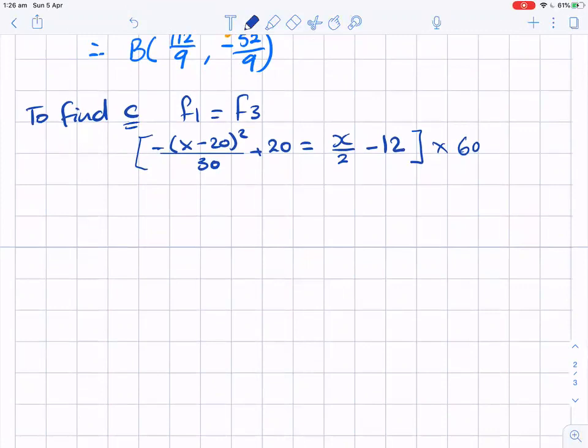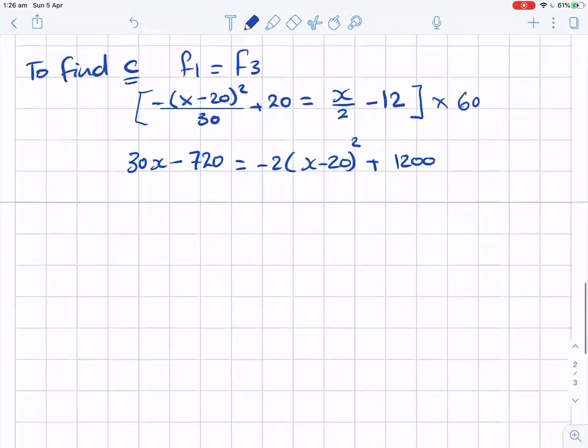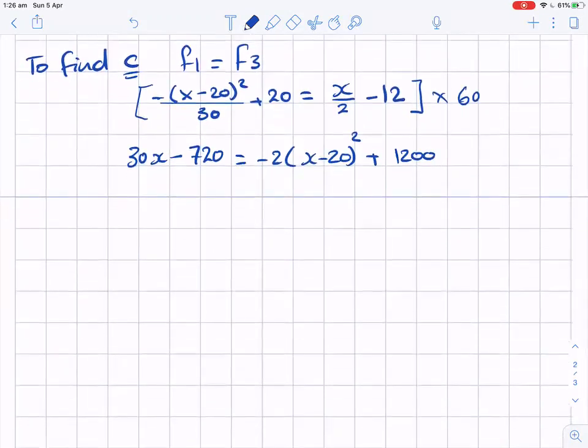So this will give you 30x minus 720 equals minus 2 (x minus 20) squared plus 1,200.